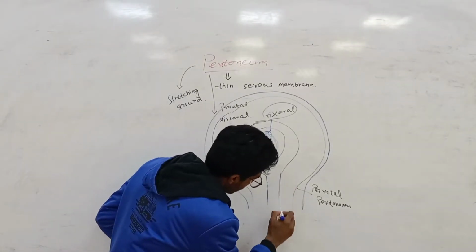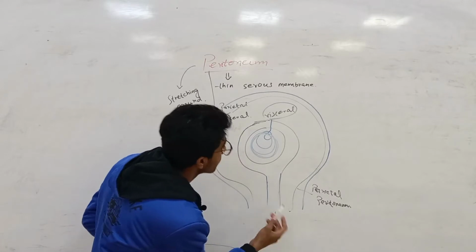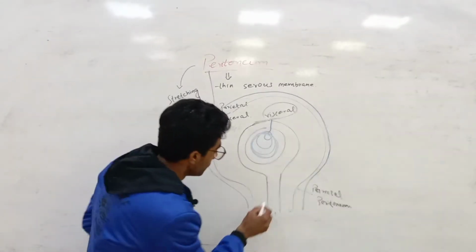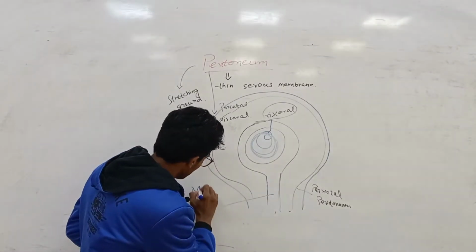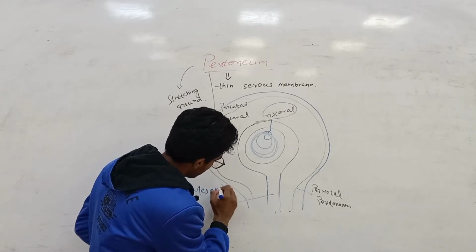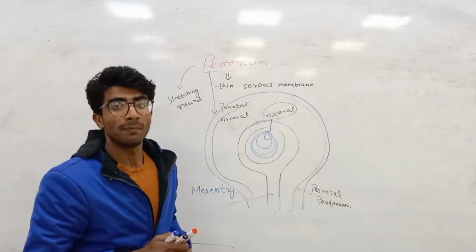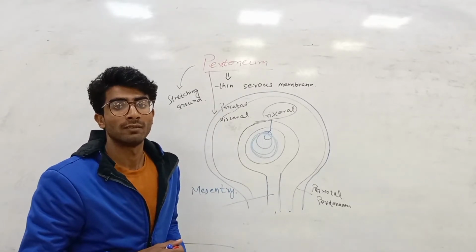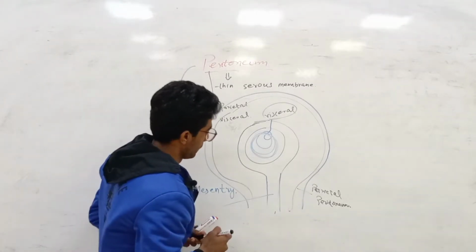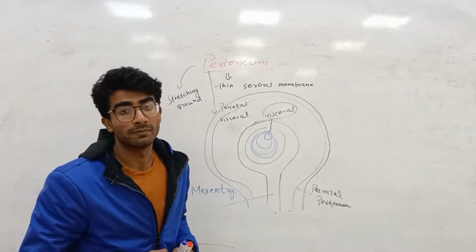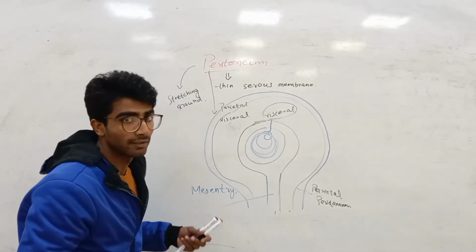Suppose there is a double layer of visceral peritoneum. We say that it's mesentery, because of the double layer of visceral peritoneum. We say that it's mesentery.